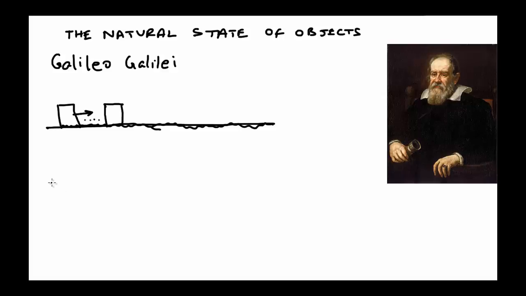Now here's where Galileo took it further. So if we now imagine the same wooden box, just with a smoother surface on a smooth marble floor, and I give it the same push, what would we expect? Well, common sense will tell you that because the floor is smoother, the box is going to slide farther before it comes to a stop, perhaps over here.